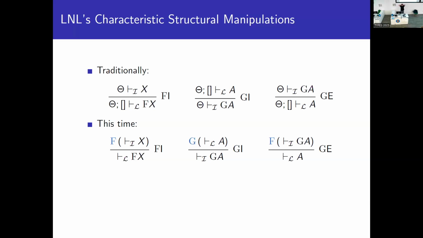So the blue F, which I call meta F, says I take in a linear context, I assert that there are no actual linear variables in here, and then I pass the underlying intuitionistic context onto the next predicate.